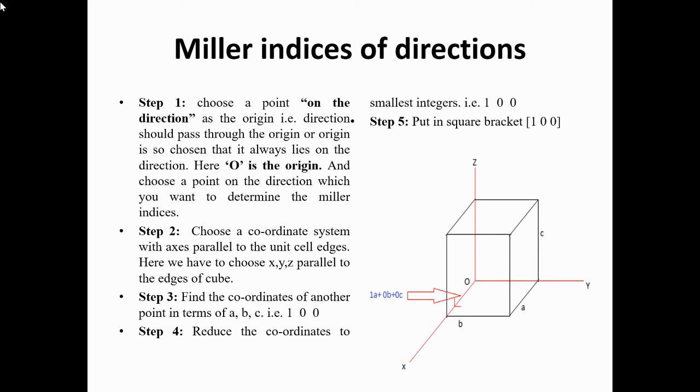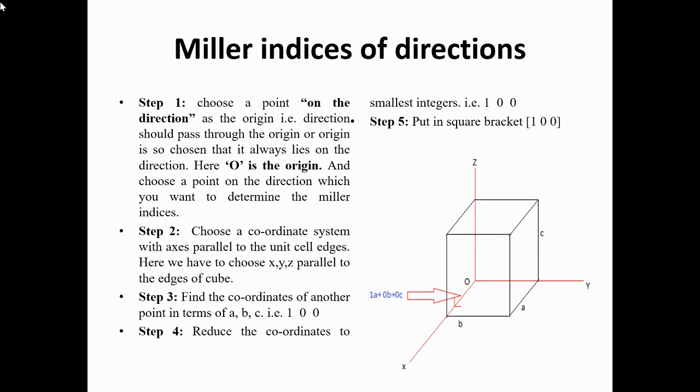So here you can understand the direction is not only this red arrow which is given, it is the entire x-axis. That means 1, 0, 0, this direction is not only the red arrow, it is the entire x-axis. It may be in the negative x-axis also. That means Miller indices of a direction represent only the orientation of the line corresponding to the direction, not its position or sense.